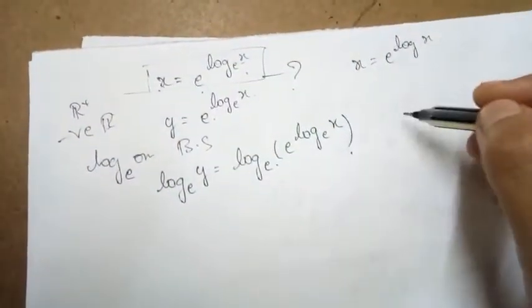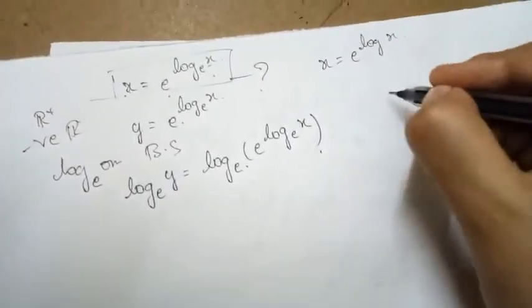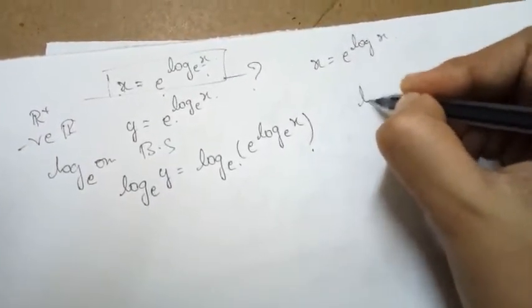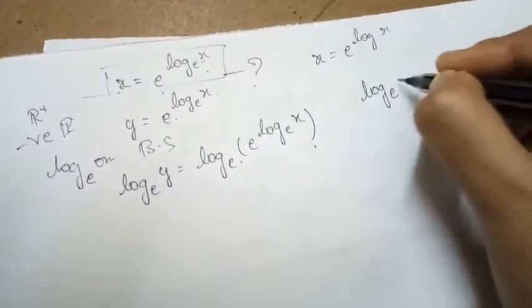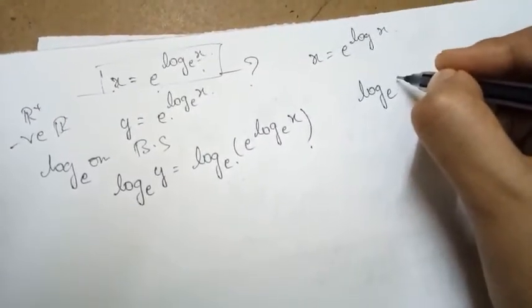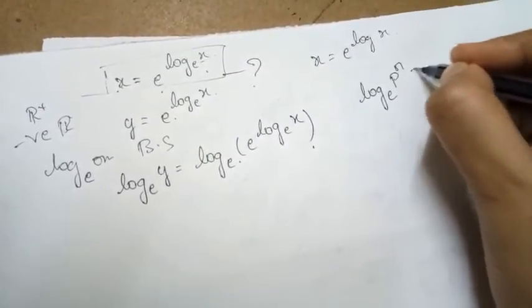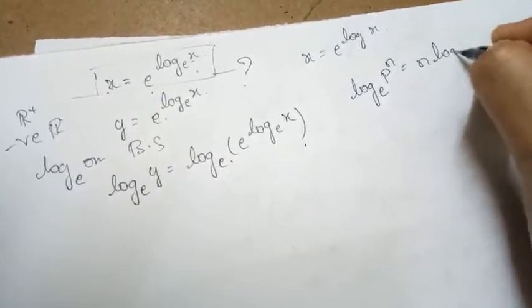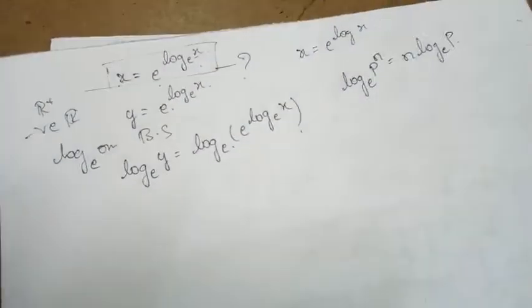While learning the properties of logarithmic functions, we came across the property log base e of p to the power n is equal to n times log base e of p.